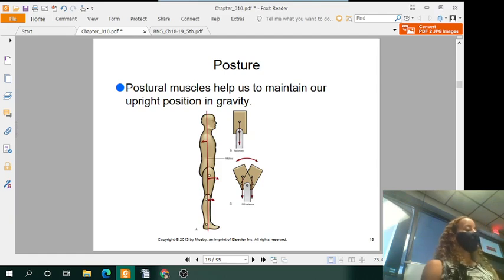So, the upright position, all the posture muscles of our back, around our hips and legs, everything should stay in alignment ideally. So ear, shoulder, hips, knee, and feet when we stand, when we're in proper alignment.